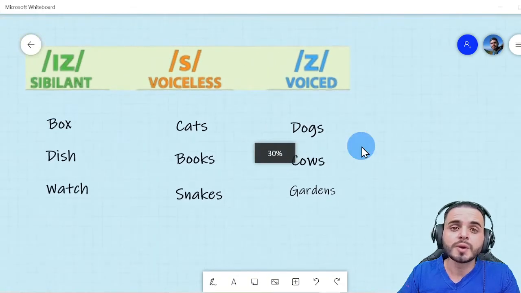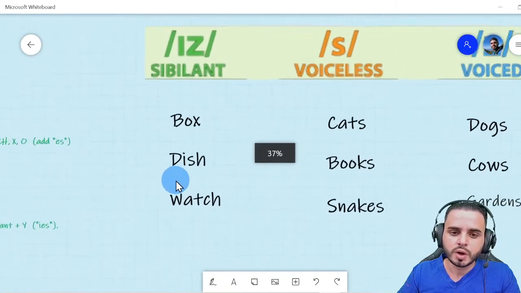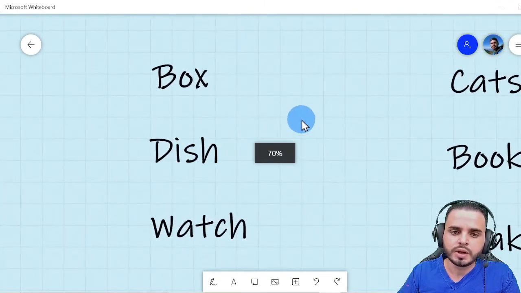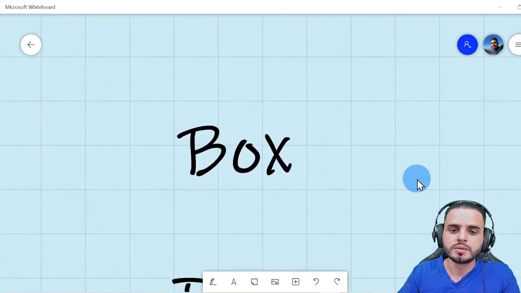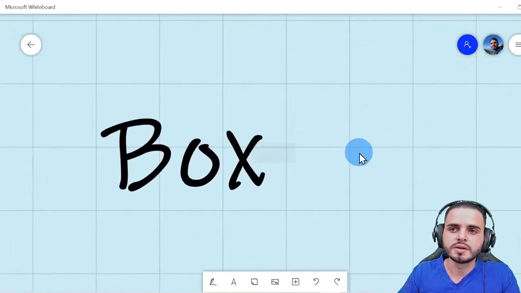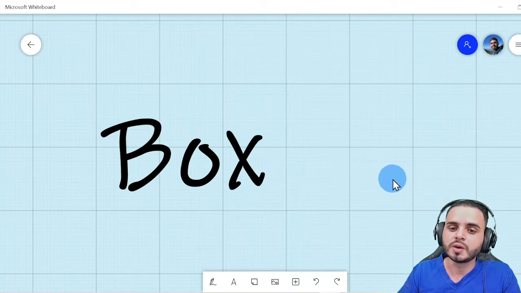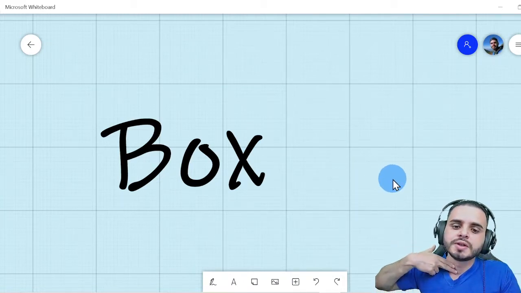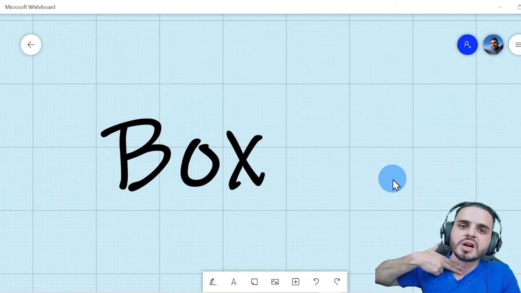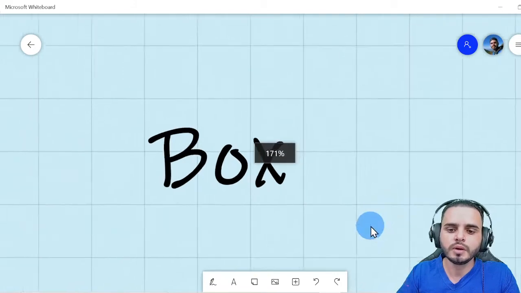But then we have a third one. Now, if we go here and we see this example, the first one is box, box, box. Okay, so we're going to pronounce only the last sound. Again, you can put your fingers to your throat and say box, box, pretty much like a sound, right?